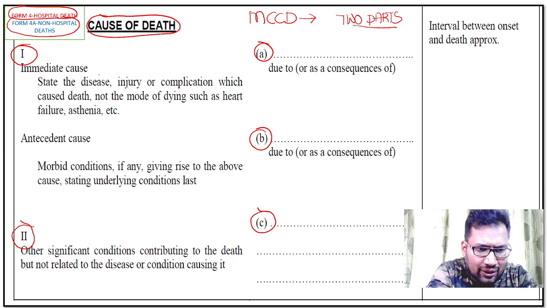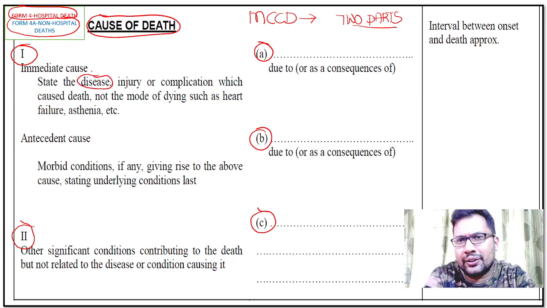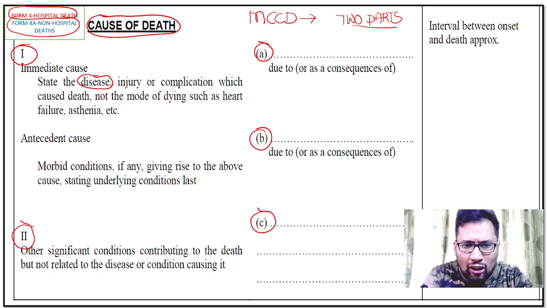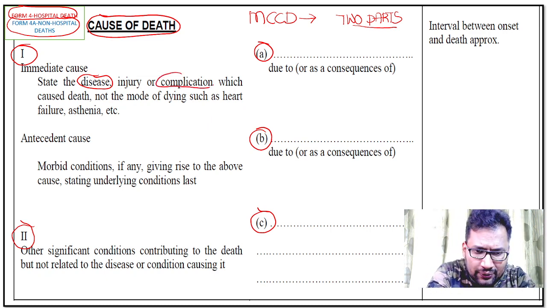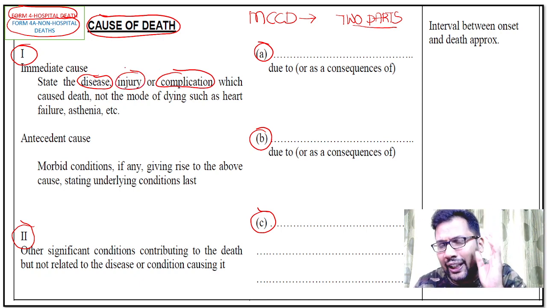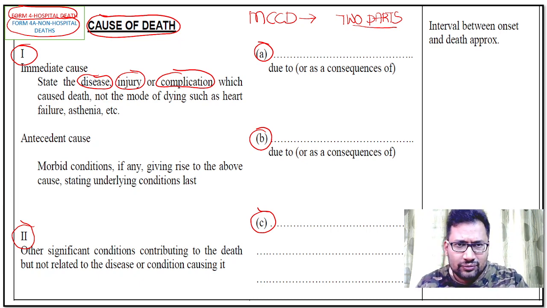It can be a disease, it can be an injury, it can be a complication of the disease. Complication of the disease comes under 1A. What is 1A? Immediate cause of death. For example, in COVID-19 cases, respiratory acidosis as a result of ARDS is an example for 1A.